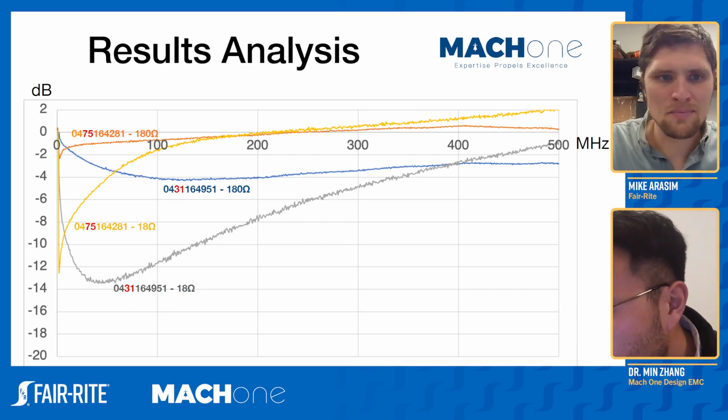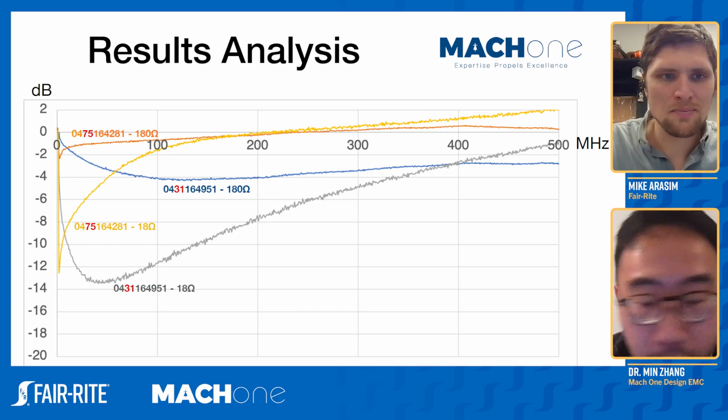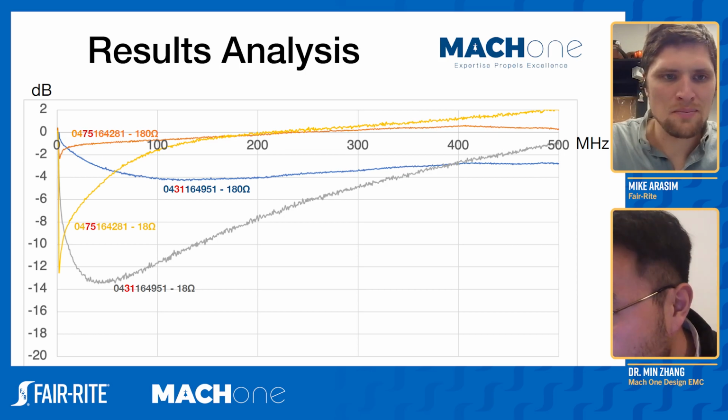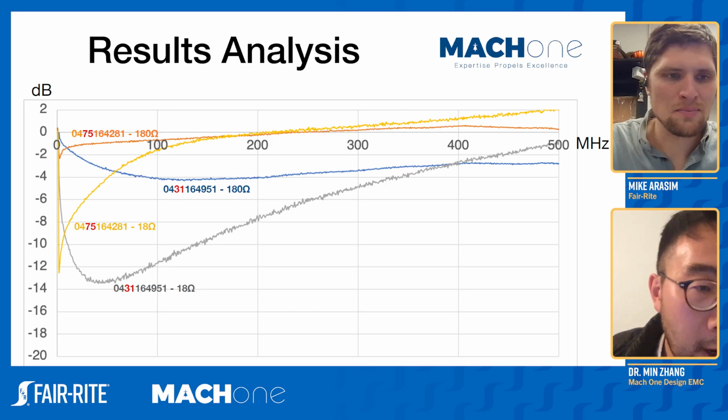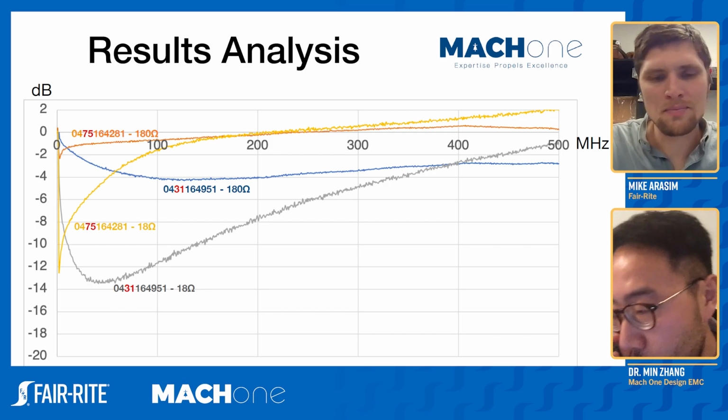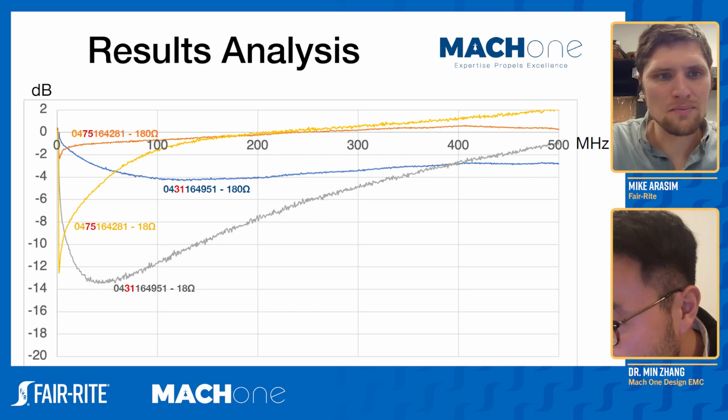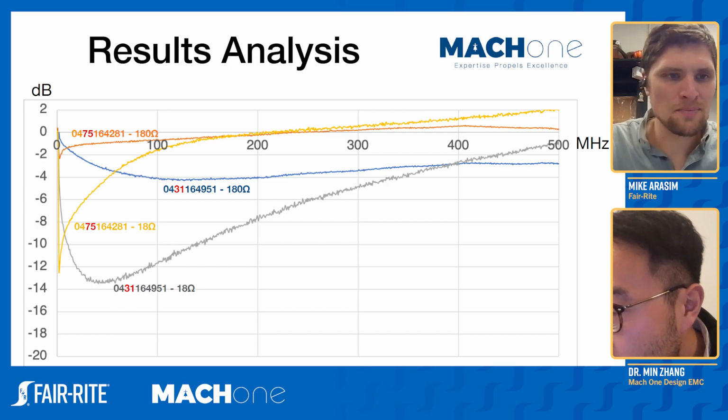For example, if we look at the same part, the 75 material, which we know is often very effective in a lower frequency range, you can see that in the lower impedance channel, it works most effectively, right?